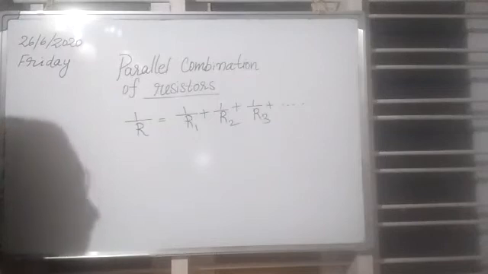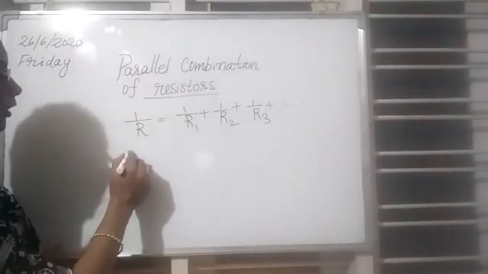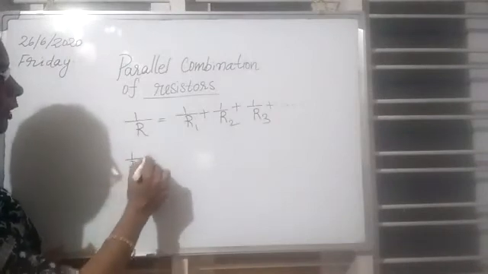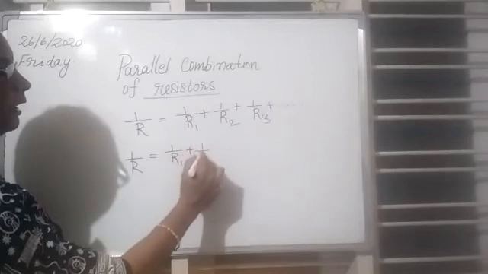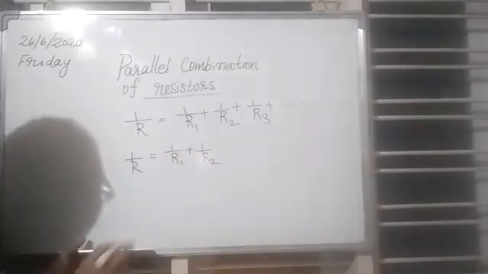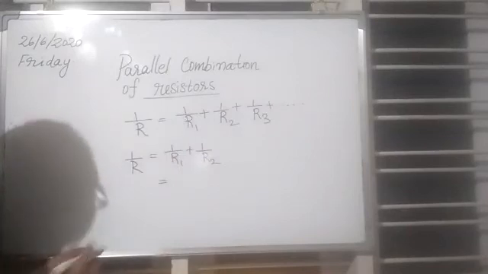Now, if there are only 2 resistors R1 and R2, then 1 by R is equal to 1 by R1 plus 1 by R2. Right? So here we can take the LCM R1, R2, isn't it?